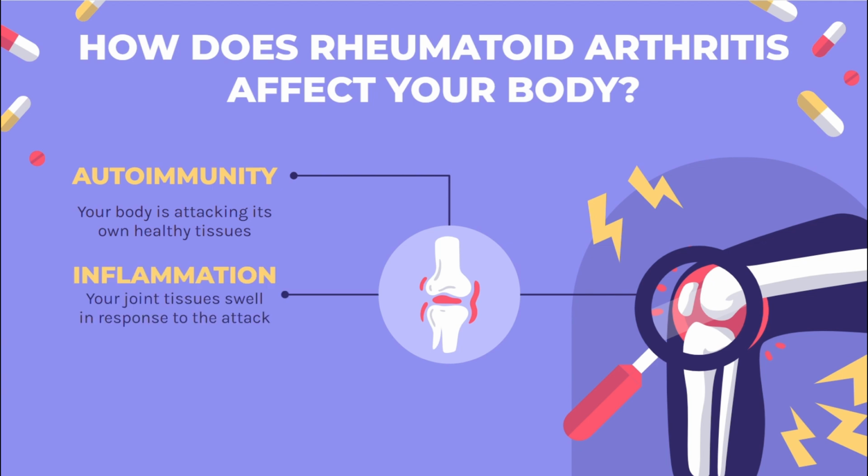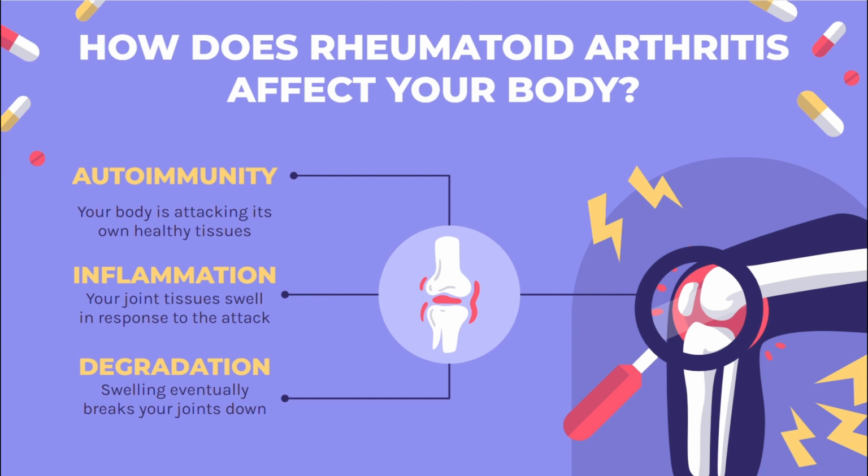When your body attacks its healthy joint tissue, your joints begin to swell, leading to inflammation. This inflammation, over time, starts to degrade the cartilage and bones in your joints, which, as you can imagine, is not a pleasant experience.